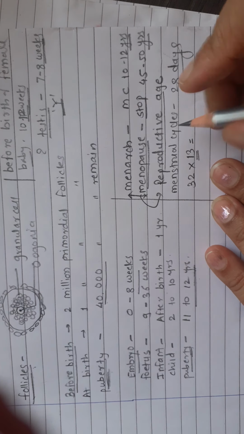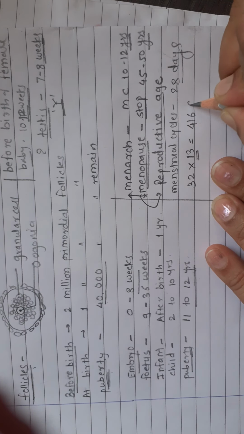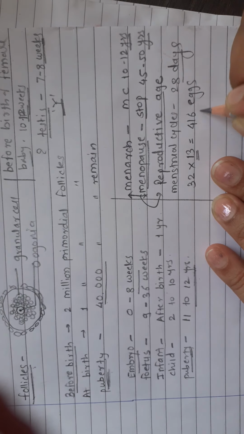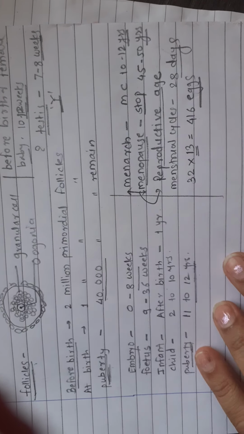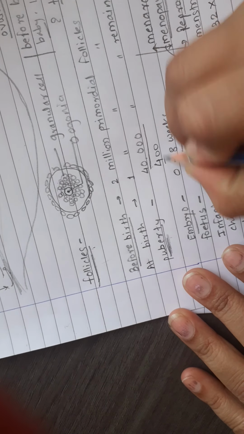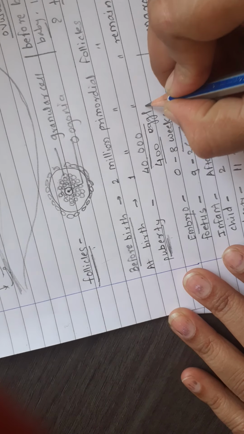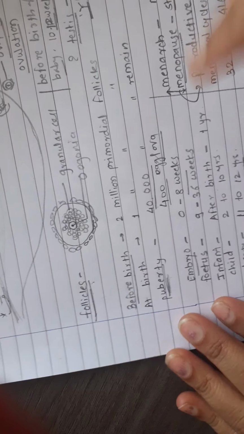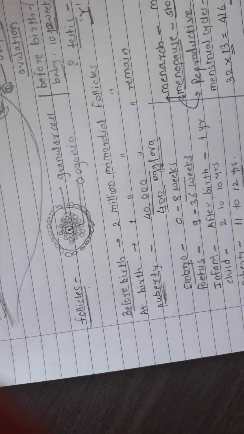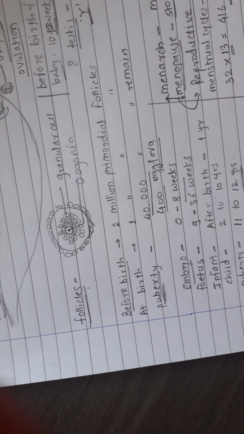So a total of 416 eggs are released, meaning near about 400 ova are produced by the female in the reproductive age.